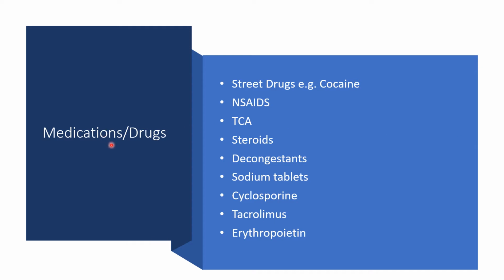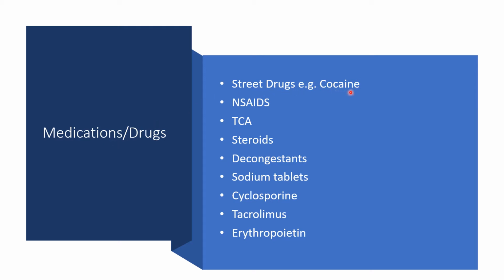Now, could this be as a result of medications or drugs? In North America, drugs means street drugs, and what you use to treat a patient is referred to as medication. But in neuro, everything is drug. Street drugs are called street drugs specifically in neuro.